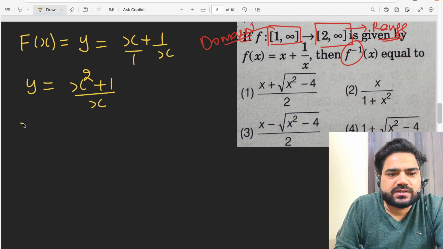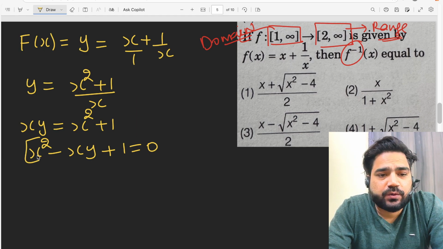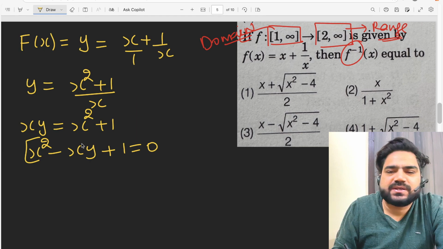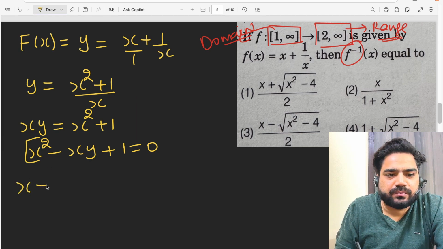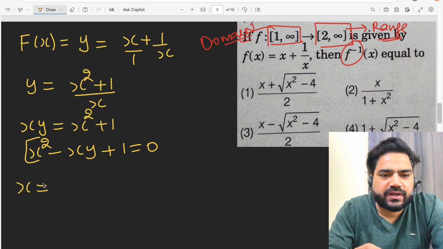So from here x will go that side, xy is equal to x square plus 1, and you can also write it as x square minus xy plus 1 is equal to 0. So basically this is a quadratic equation, and in a quadratic equation we have to find the value of x here. So we know the basic quadratic formula, and by using the discriminant method and the basic quadratic formula, we can find the value of x here.